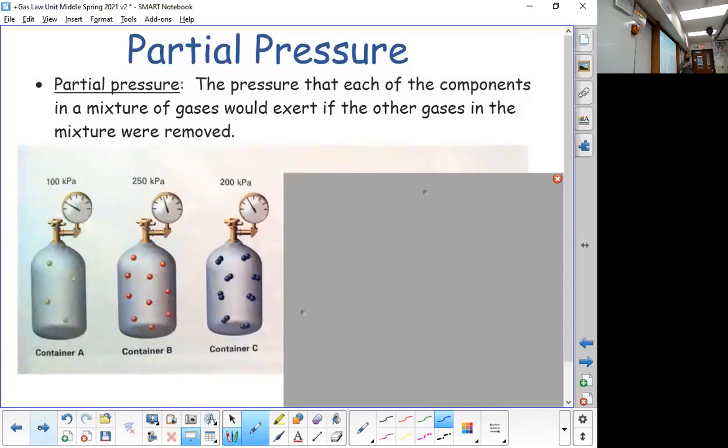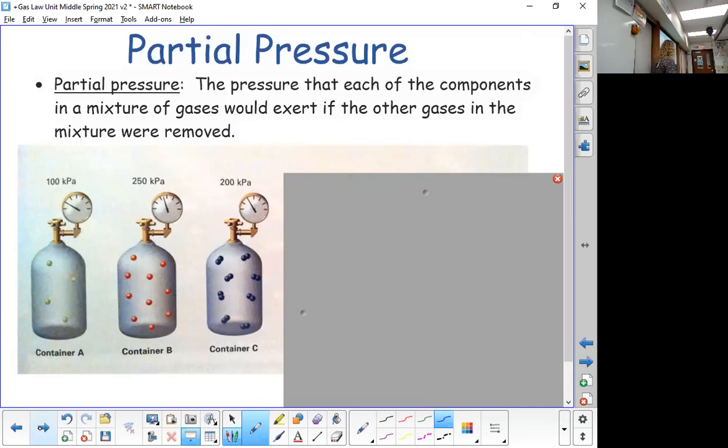So in the first canister, you have 4 green molecules that are exerting 100 on this pressure reading. Obviously it wouldn't be 4 molecules, but let's just say it's like 4 moles worth, exerting a pressure of 100 kilopascals for this gas at a certain temperature.